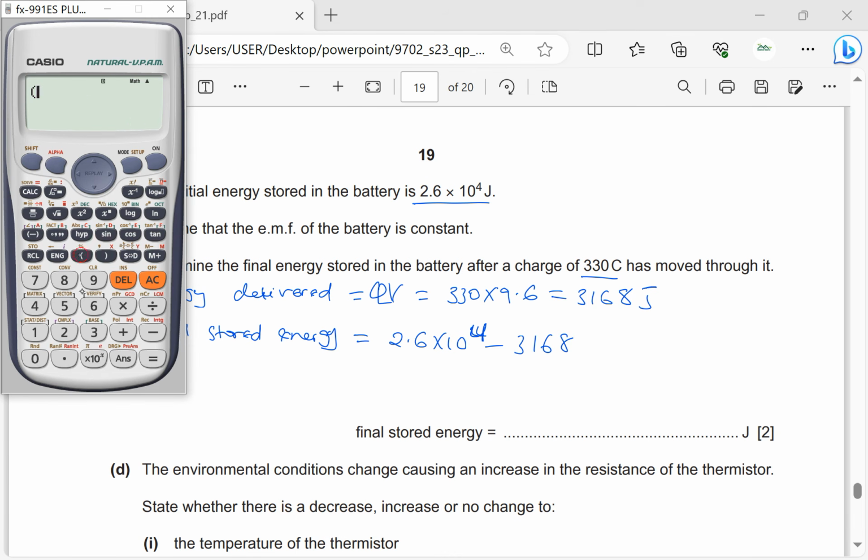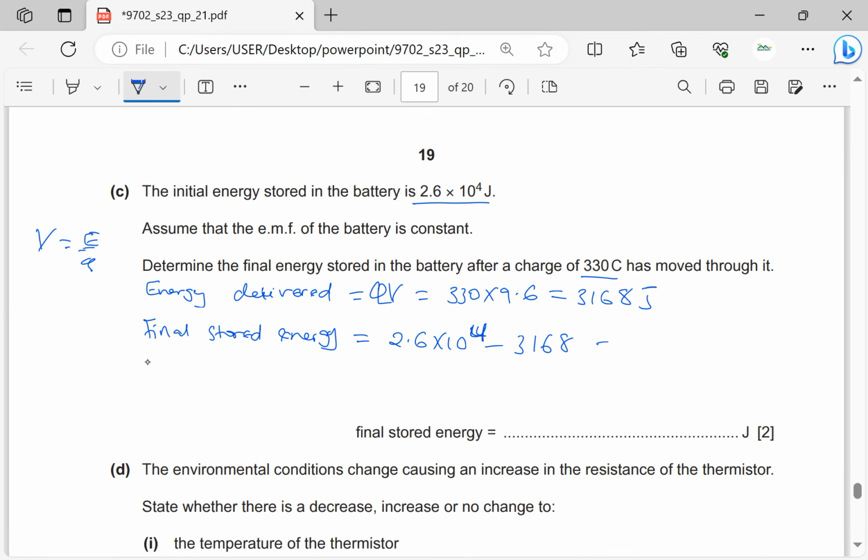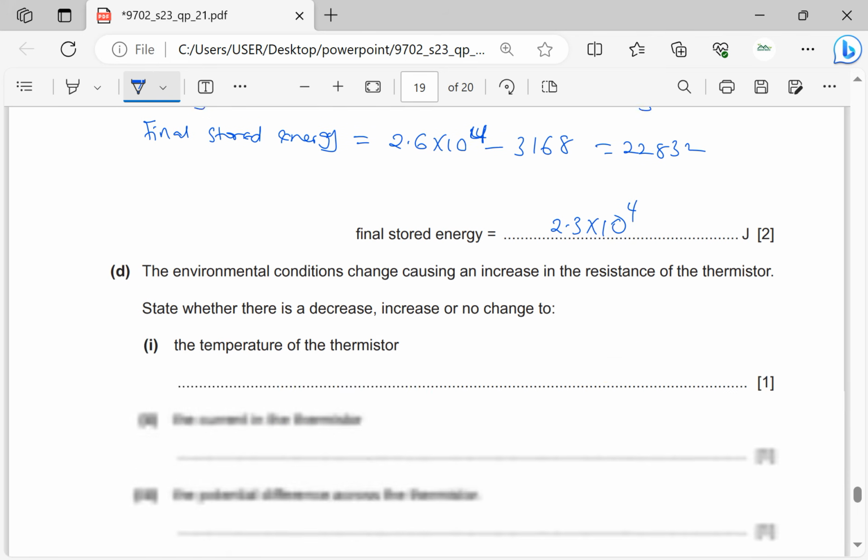So I'll say 2.6 exponent 4 minus 3168. So this is giving me 22832, or I can write 2.3 times 10 power 4 joules.